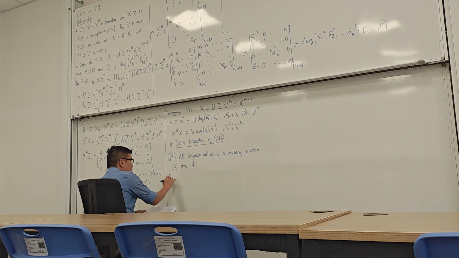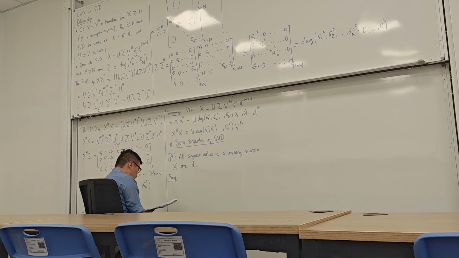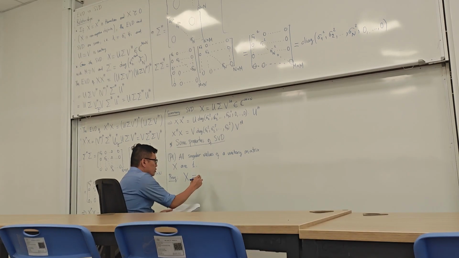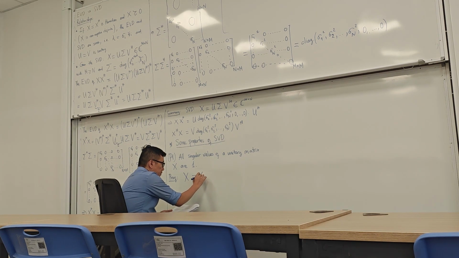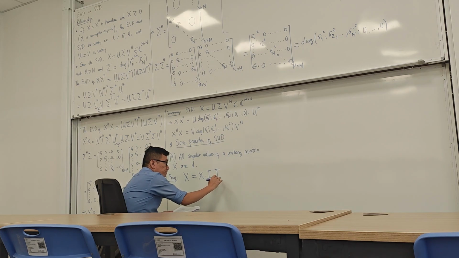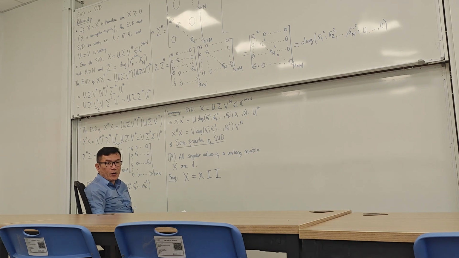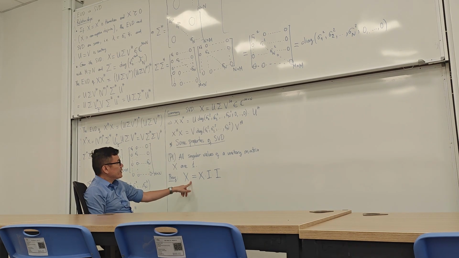Maybe we consider a short proof here. X you can write in the following form: X equal to X multiplied with the identity. Is it okay to write like this, everyone?